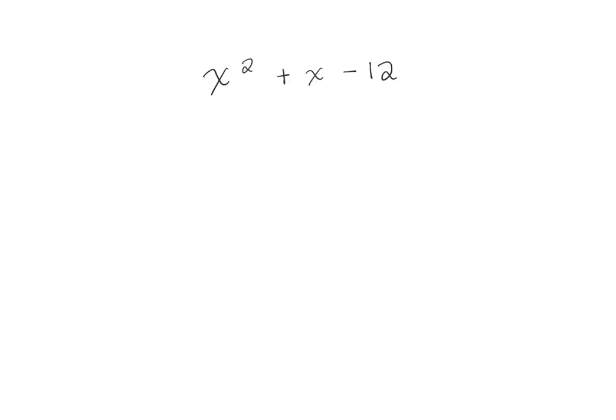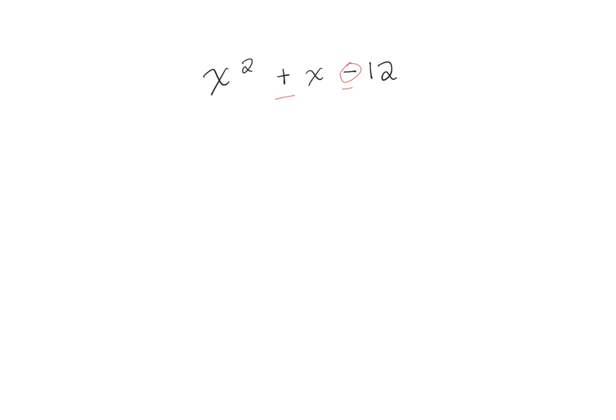Okay, what if you have a positive b and a negative c? In other words, b is positive and this is negative, because we've been doing two negatives. What happens in this situation? Same thing. If this is negative, we're looking for the difference of the factors.